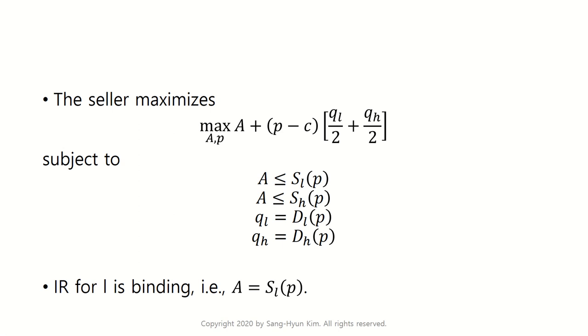So in this case, the IR constraint for the low type consumer must be binding. Otherwise, you can increase profit by increasing A slightly without violating the IR constraint. So what that means is A must be the same as SL.